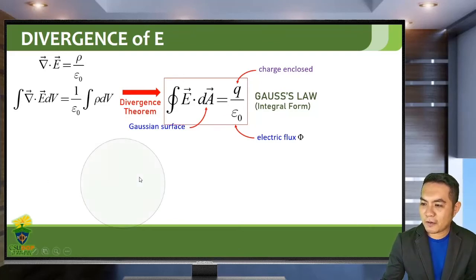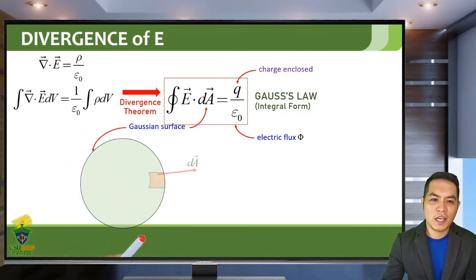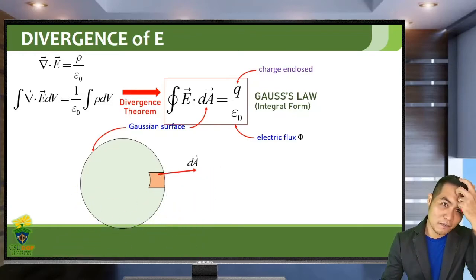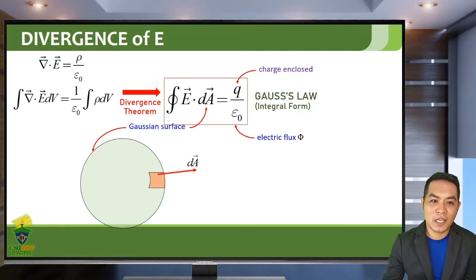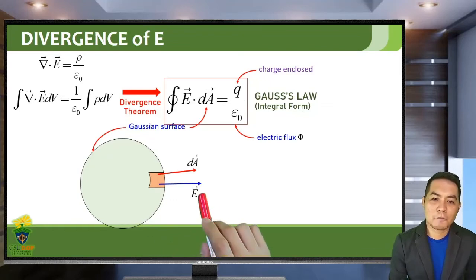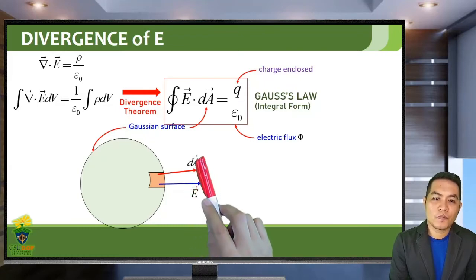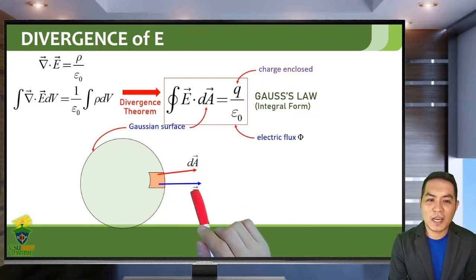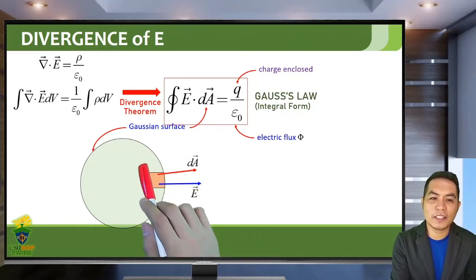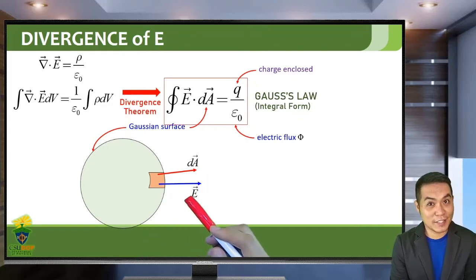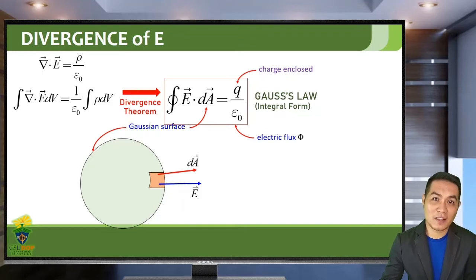So what does the integral form Gauss law tell you? If you have a Gaussian surface, and of course it has an area, and it's perpendicular to the surface, and you notice that there are electric field lines coming out of that Gaussian surface, and if you take the dot product of the electric field and the area and sum it over all the differential area, and you notice that the value is not 0, then that could only mean one thing.